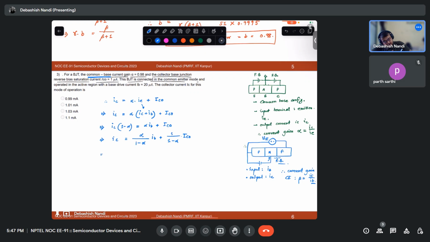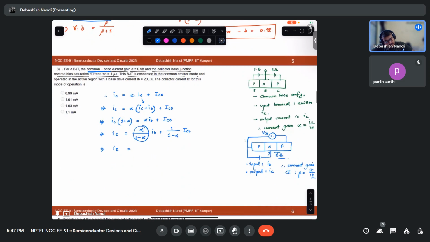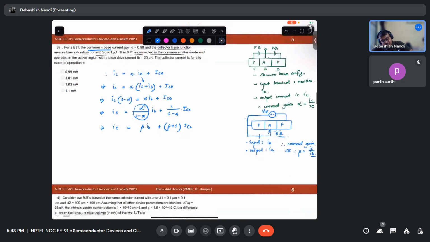Fine. So this IC, if you see this from the relation we discussed earlier, is nothing but your beta. So it is beta IB plus beta plus 1 times ICO. We have been given alpha.